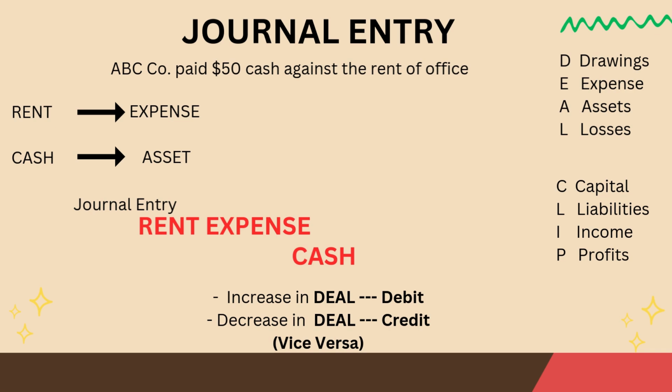Here there is a reduction in cash, and cash is an asset which belongs to DEAL, and a decrease in DEAL represents credit. Whereas there will be an increase in expense in the form of rent, which belongs to DEAL, and an increase in DEAL represents debit. So what will be the journal entry? Simple. Debit rent expense and credit cash.